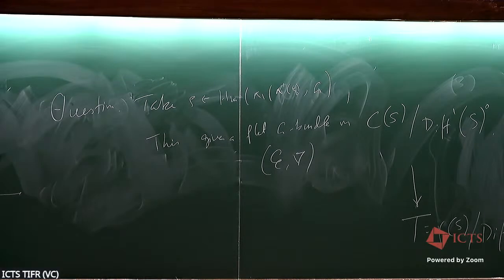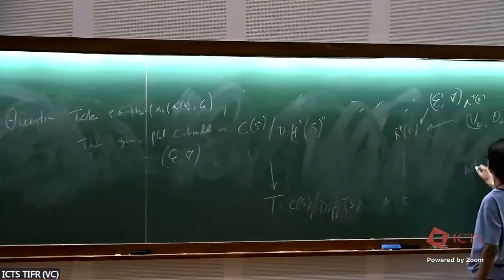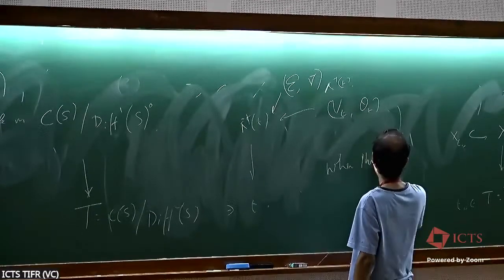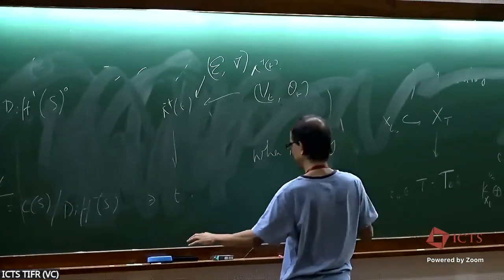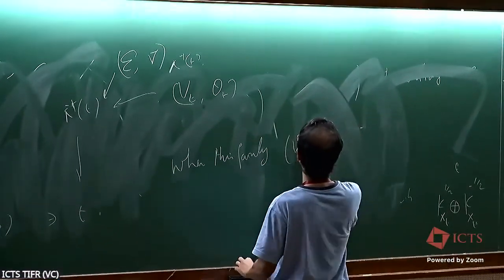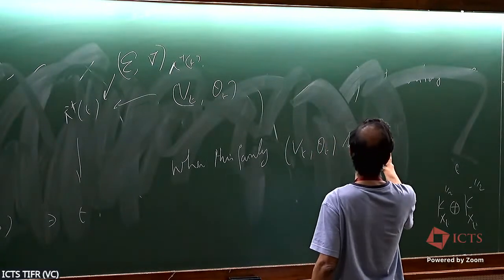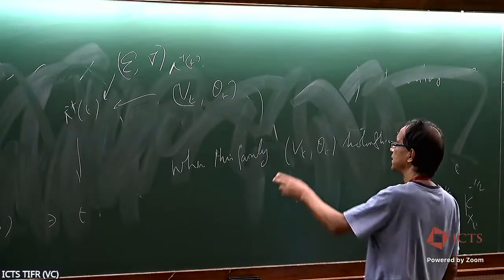For each t, I have a Higgs bundle. Question: when is this family of Higgs bundles Et, theta t, holomorphic? That means it depends holomorphically on t.